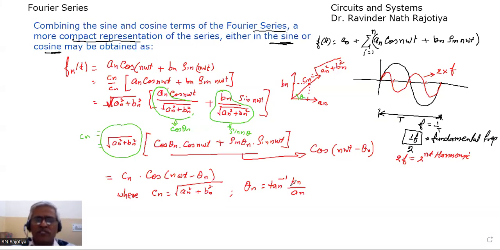So from these equations, you get the values of theta n and Cn. Now you know that if you put the value n is equal to 0, you are going to get the value c0.